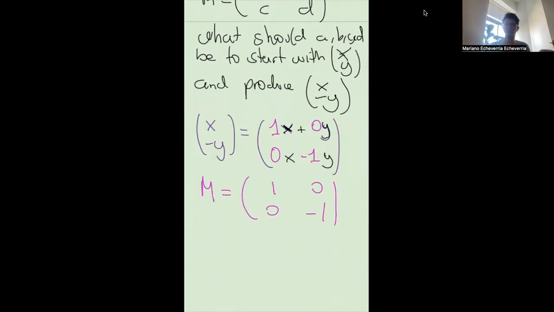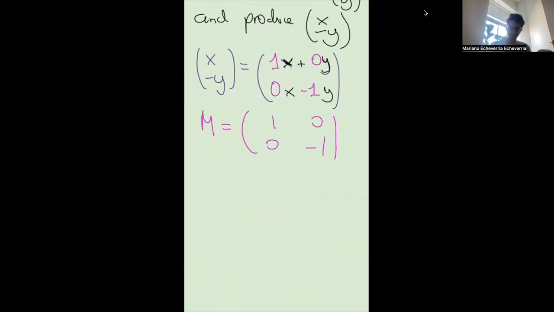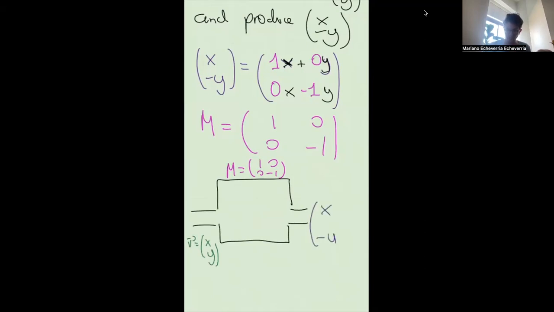So in a more diagrammatic way, what I'm trying to say is that if you started with the vector xy and you run it through the machine M, which is 1, 0, 0, -1, the output it's going to produce is this mirror vector, which is x, -y.